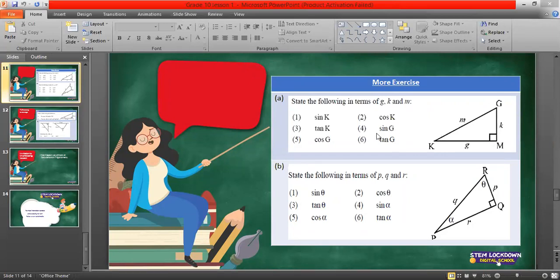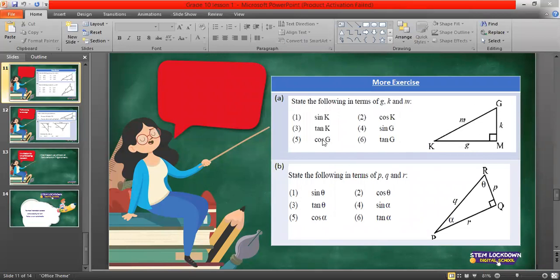So what will be our sine G? Our sine G will be equal to opposite over M, g over m. Thank you, we have g over m. Our sine G is opposite over hypotenuse m.